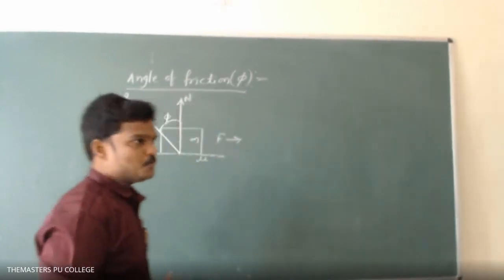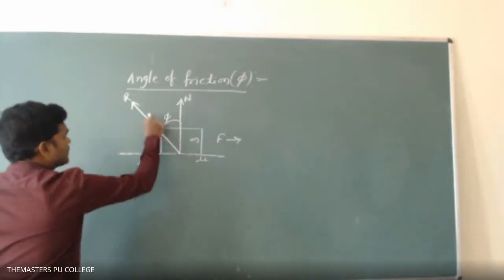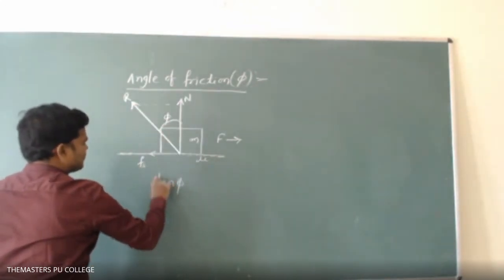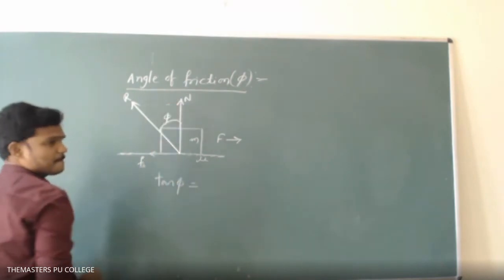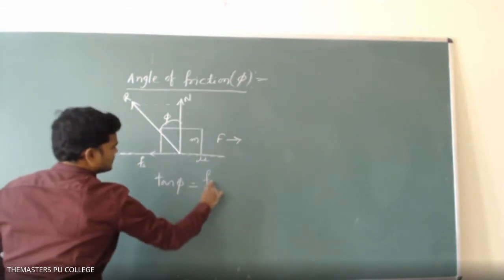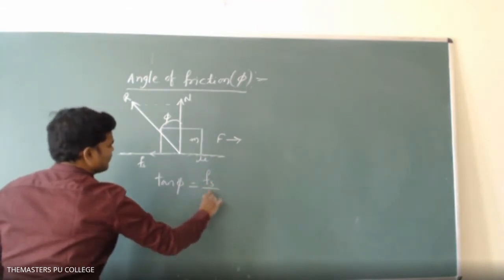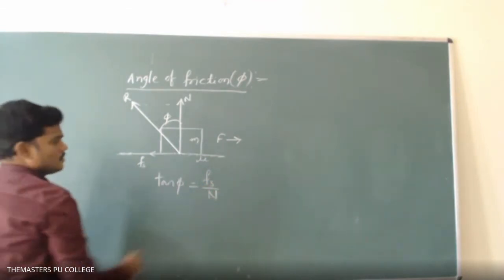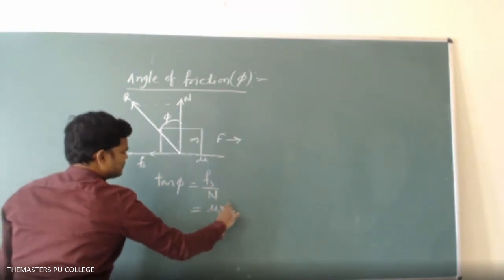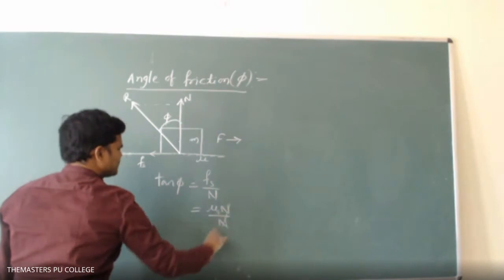Now from the diagram, we can write tan phi. Tan phi is the y-axis side by the x-axis side: opposite is Fs, otherwise Fl, by N. What is Fs? Static, mu S N. N gets cancelled.